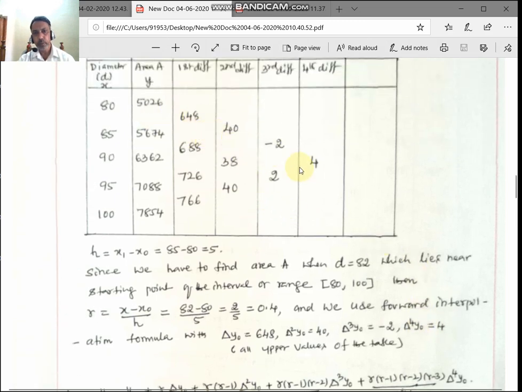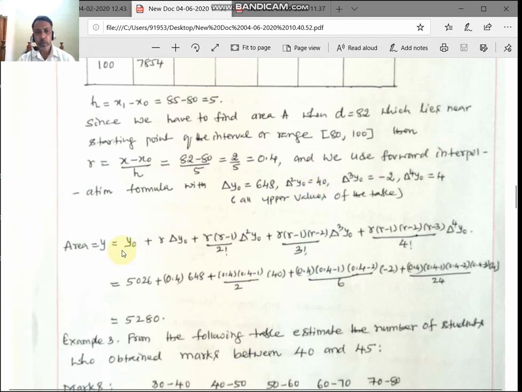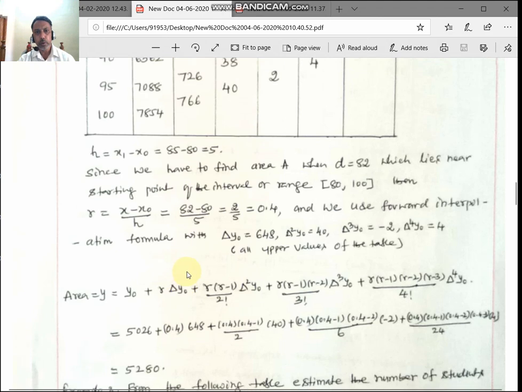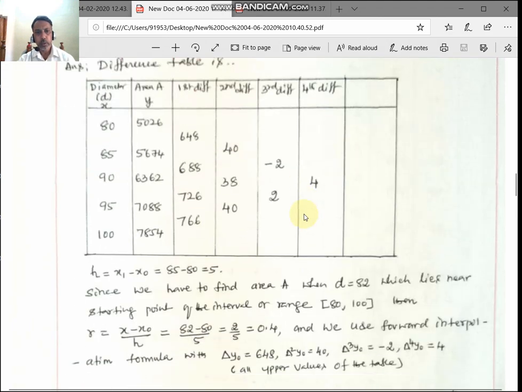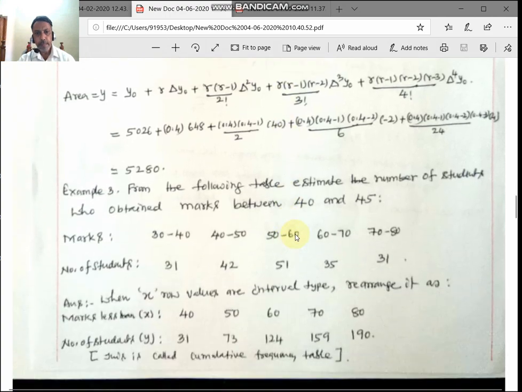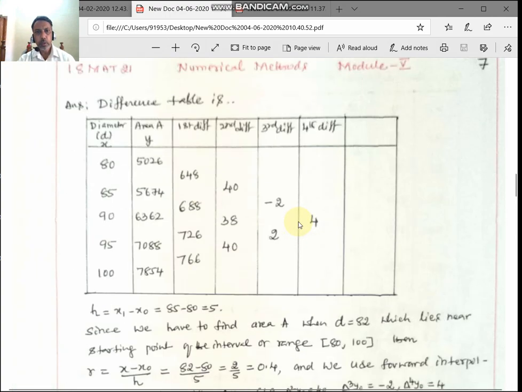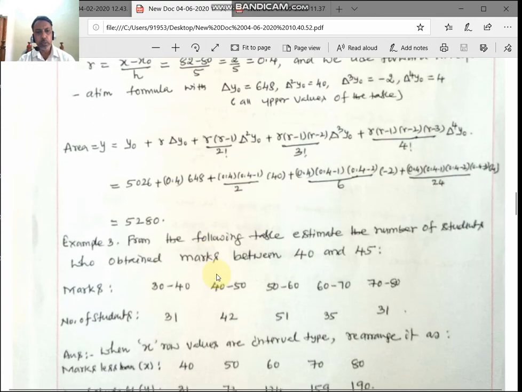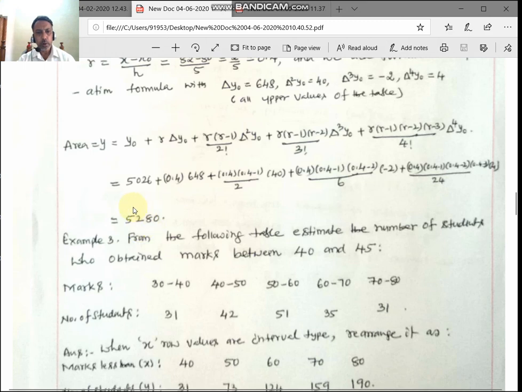These are the upper values. Use the formula, substitute all values, and simplify, and you will get the y value 5280 at the point x is equal to 82. The area will be 5280 square meters or in some units.